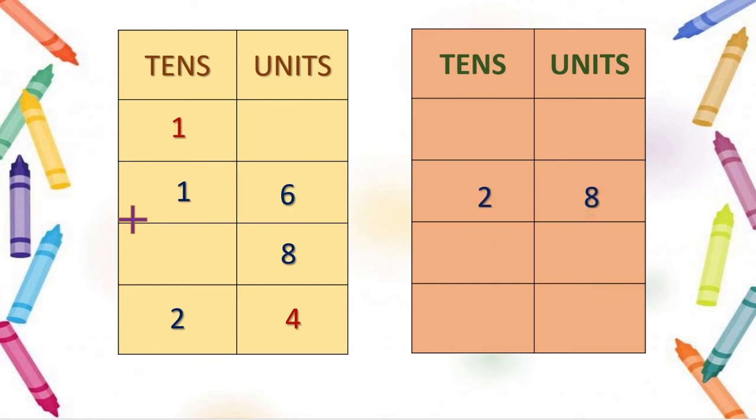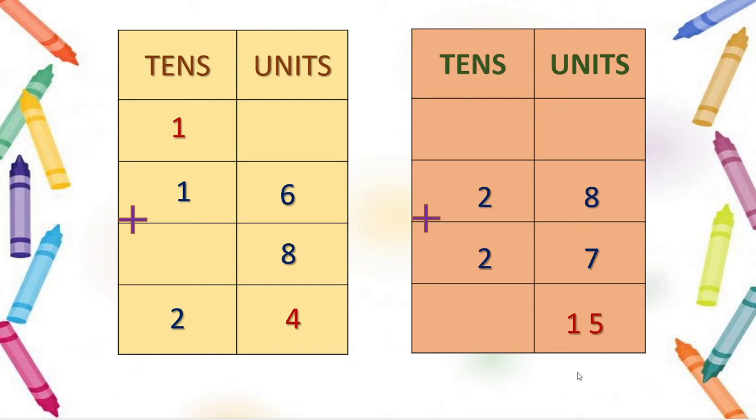2 tens, 8 units plus 2 tens, 7 units. Yes. Begin from unit place. 8 plus 7. 8 keep in your mind and 7 you can take on your fingers and tell me the answer. Very nice. 15. Right? Okay.